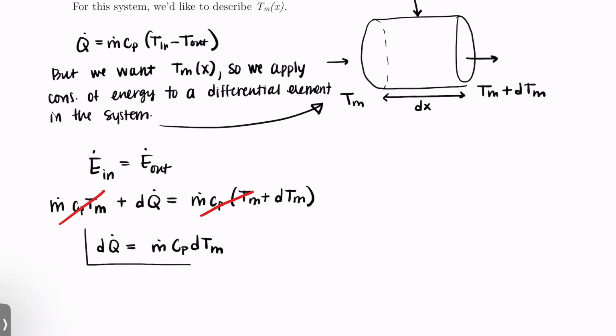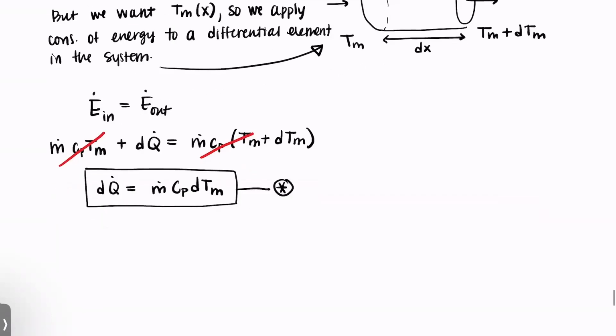Okay, so I'm going to call this equation star. All right. Now I'm going to consider the case where we have constant surface temperature at the wall.